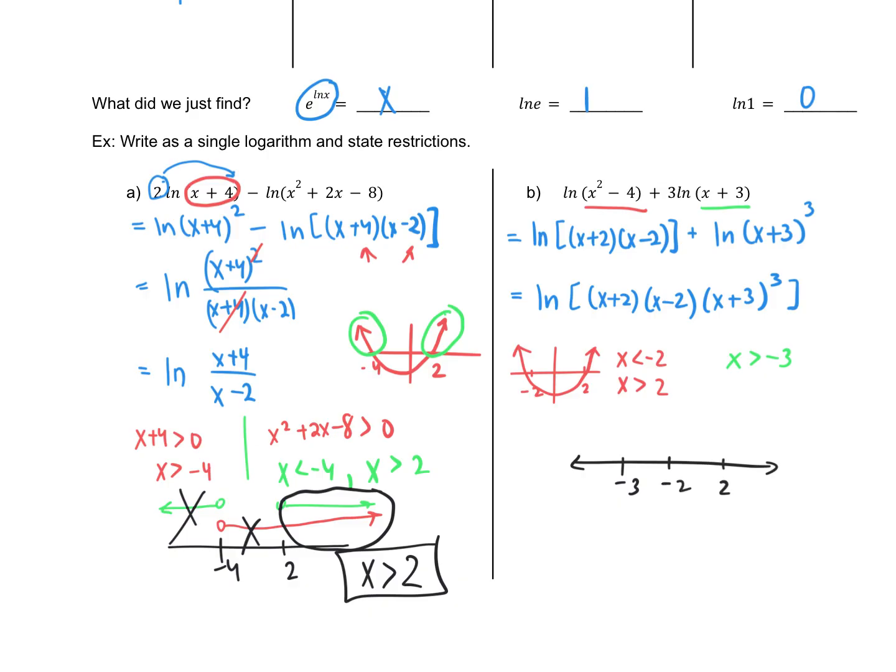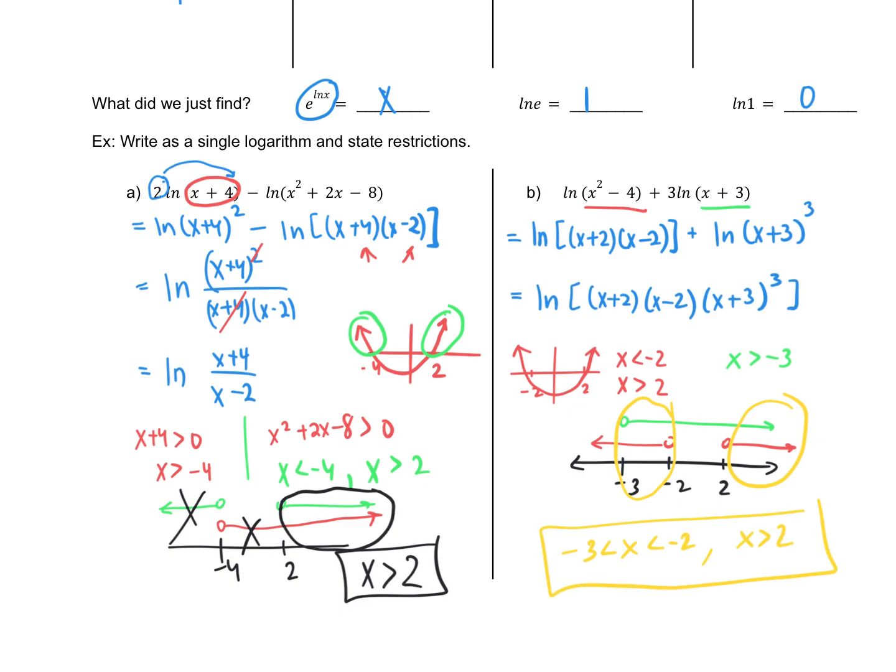The first restriction said be less than -2 or more than +2. The second restriction said be bigger than -3. And if I look, I see a nice overlap between -3 and -2 and from 2 to infinity. And those are our two overall restrictions. If you satisfy one of those, then you will be able to evaluate the logarithm.